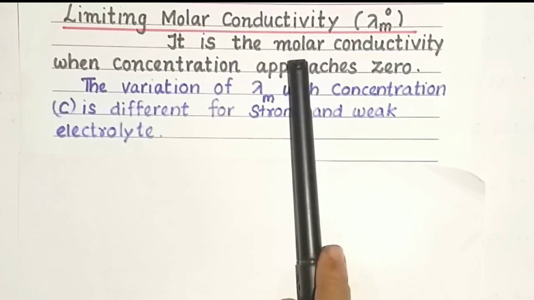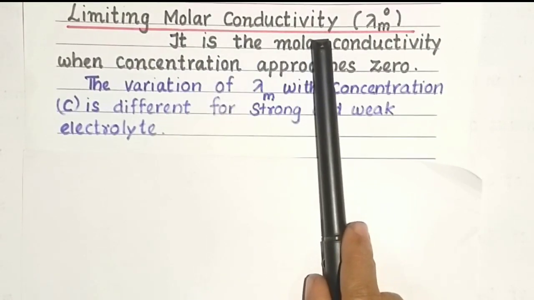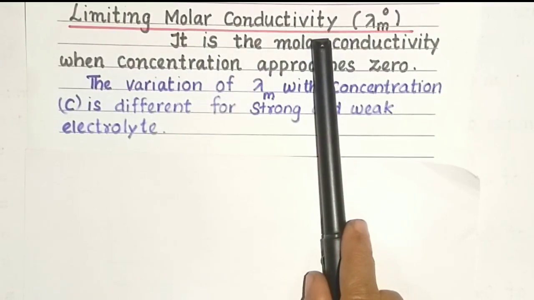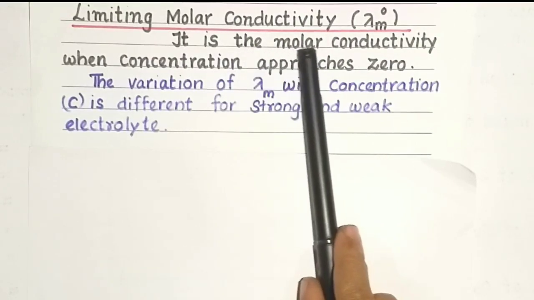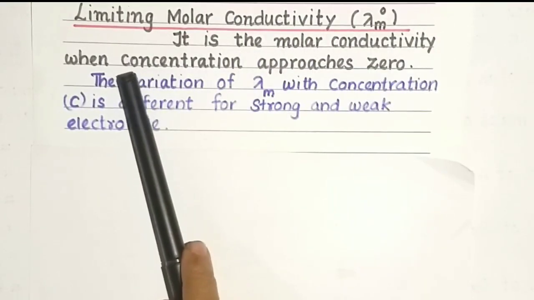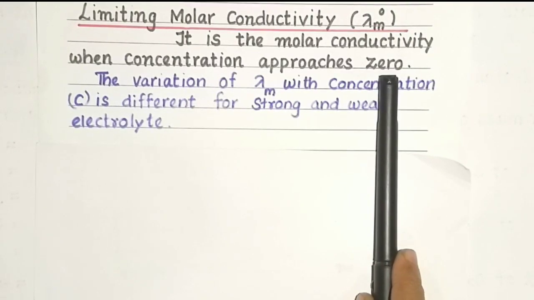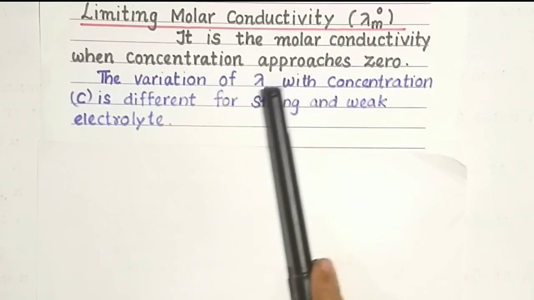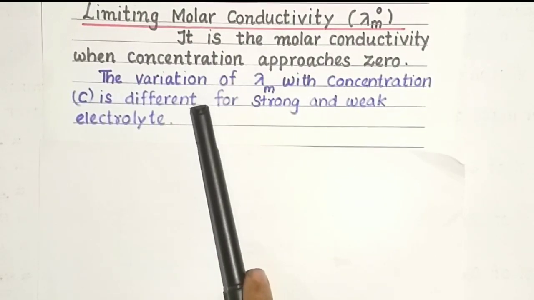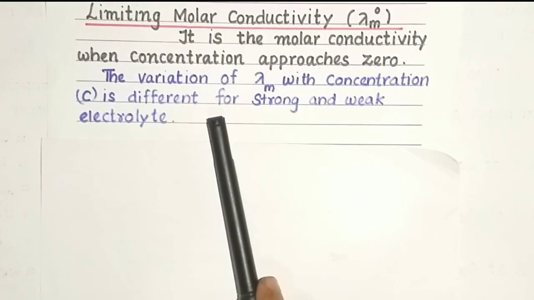At that time, the molar conductivity is known as limiting molar conductivity. Limiting molar conductivity is defined as the molar conductivity when concentration approaches 0. Clear?